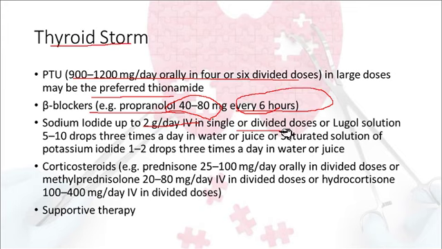But there is no convincing evidence that these drugs will actually be of benefit in terms of thyroid storm, but rather that their benefits may be attributed to their antipyretic action and, of course, their stabilization of the patient's blood pressure.